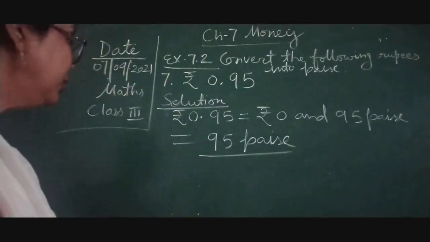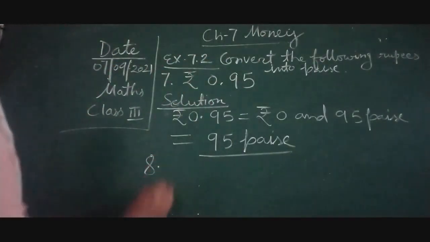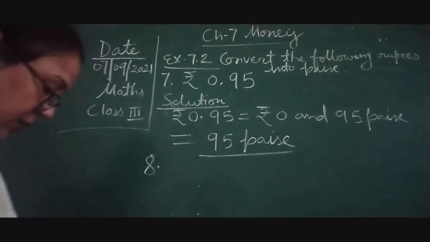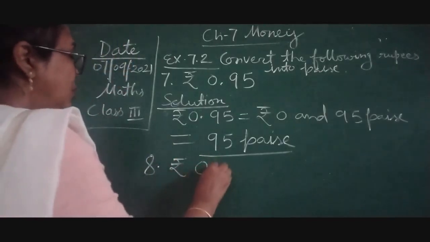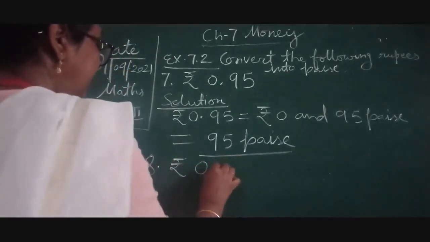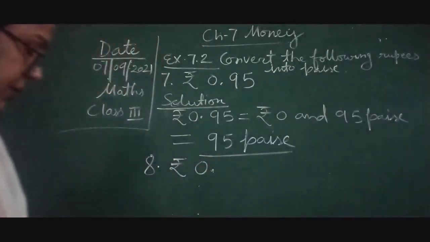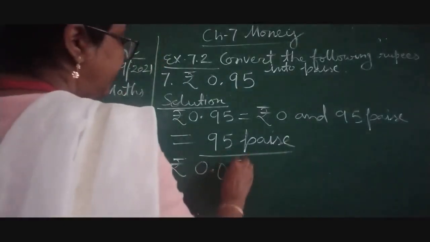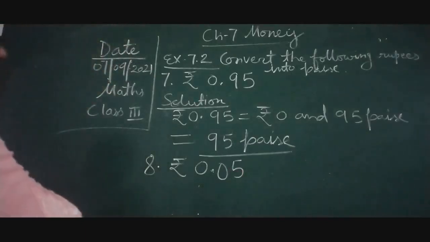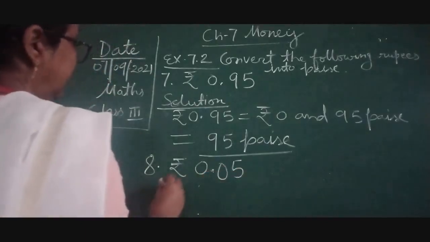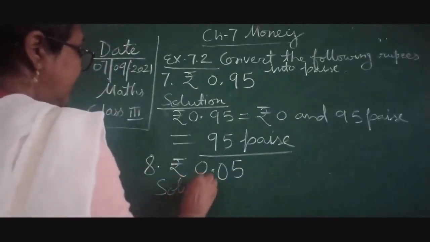Now number 8 I am going to write over here: rupees 0.05. This is your question.